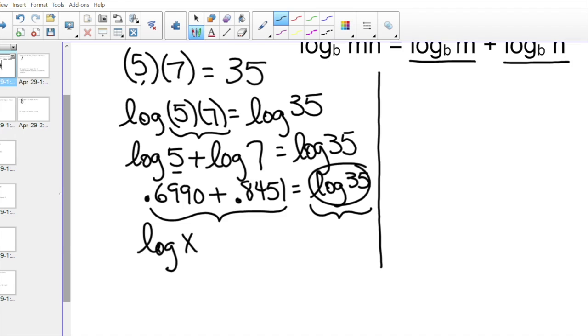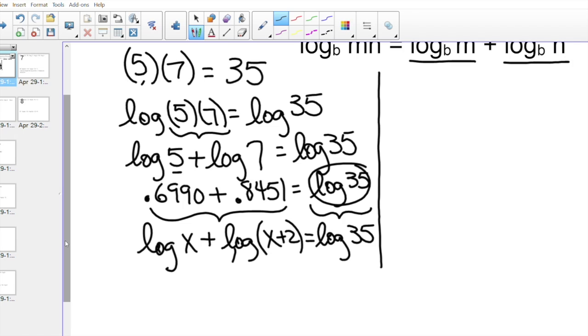So x is 5, plus log. Now if it's 7, that would be x, which is 5, plus 2. Equals log 35, and what that generates is a logarithm equation.